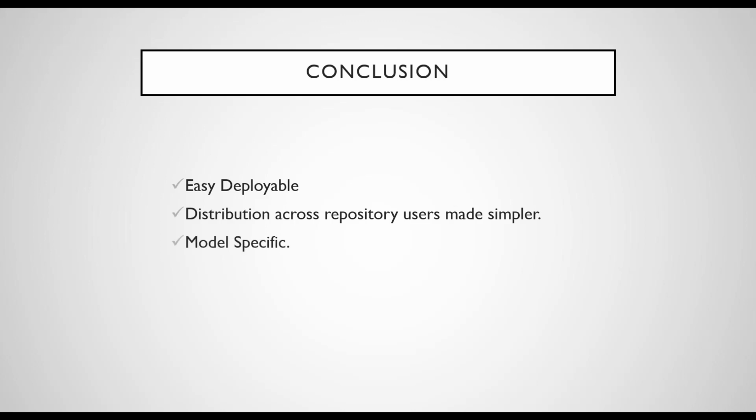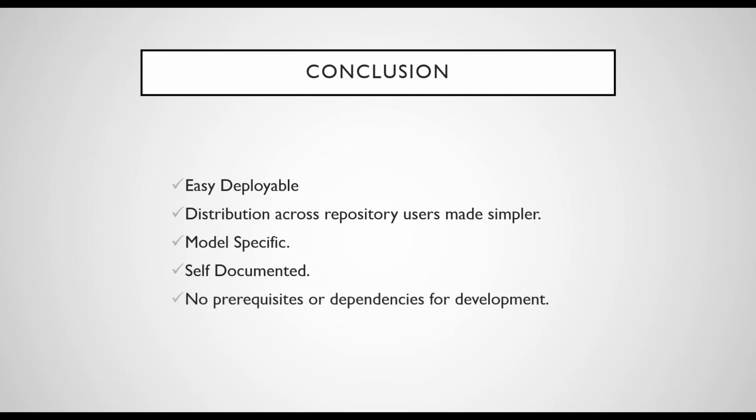These model add-ins are completely maintainable and self-documented, as all the information related to the model, repository, and add-in will be in a single model. And also, it doesn't require any prerequisites like the traditional add-ins, like any other tools or anything.